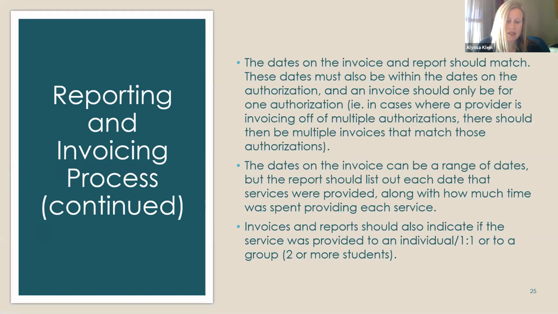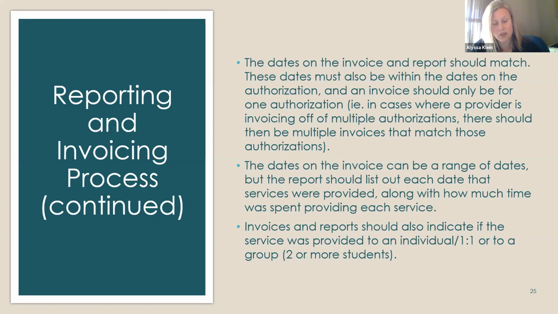Furthermore, the dates on the invoice and the report should match, and these dates must also be within the dates on the authorization. Also, an invoice should only be for one authorization. And in the cases where a provider is invoicing off of multiple authorizations, then there should be multiple invoices that match those authorizations.